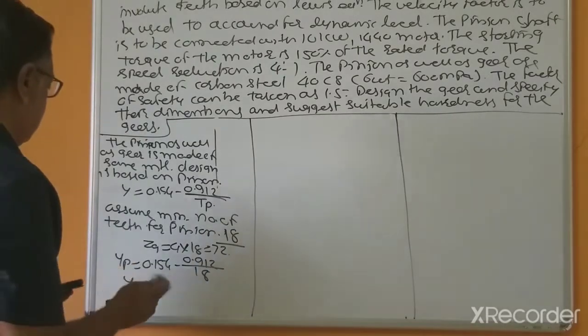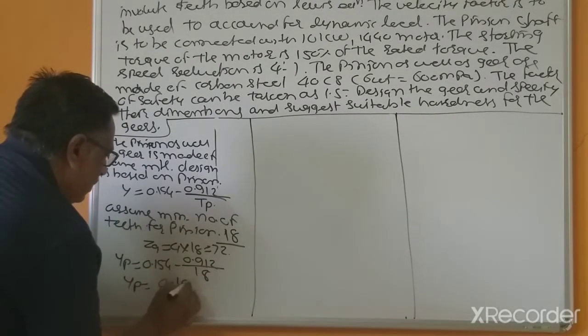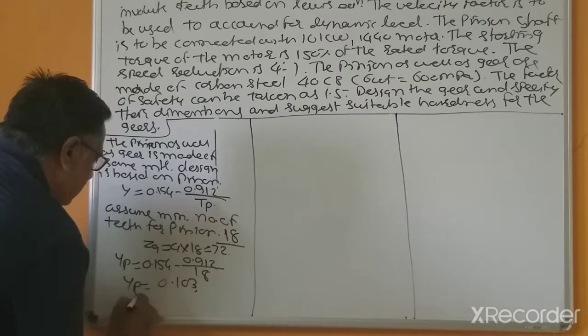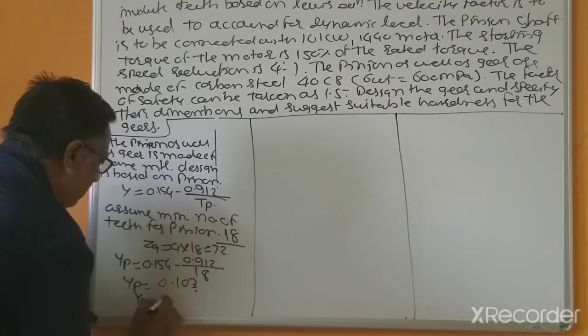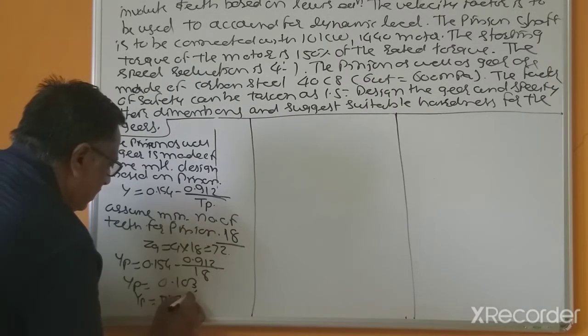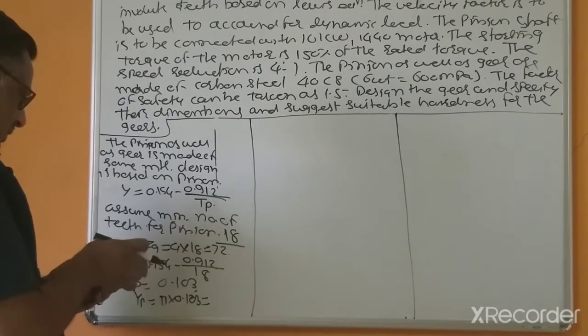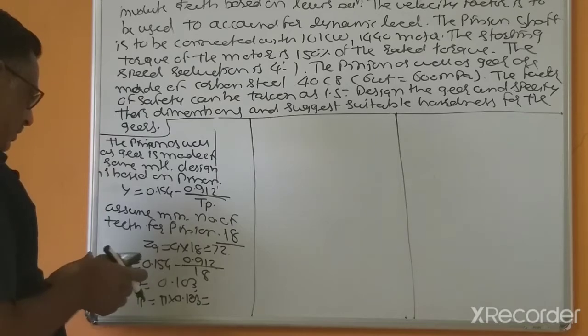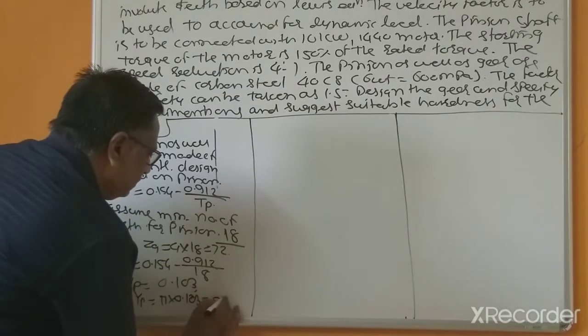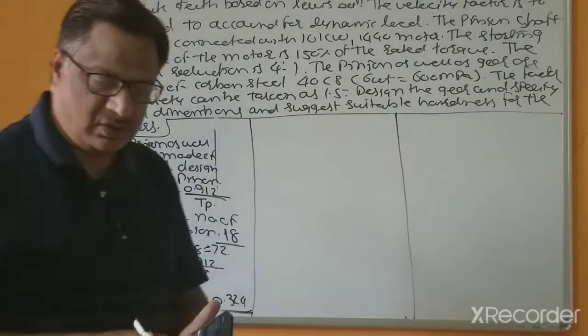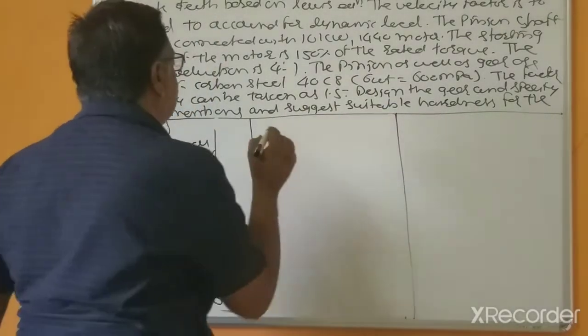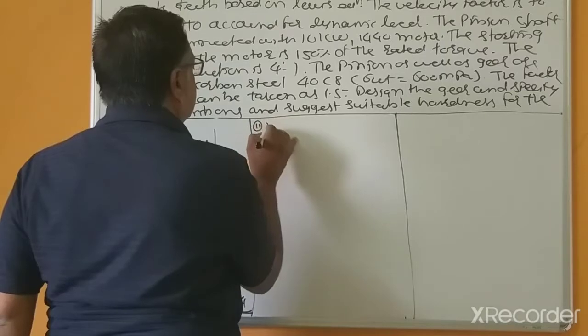So this is 103, and this is Y_P, capital pi multiplied by... so this is 0.324. Now next step, second step is the module.